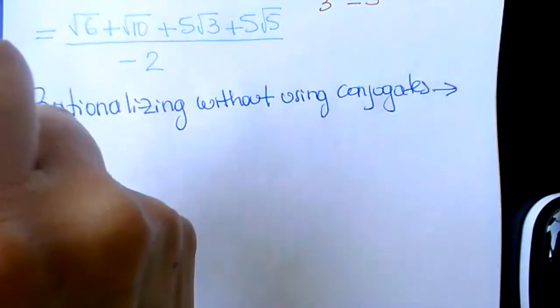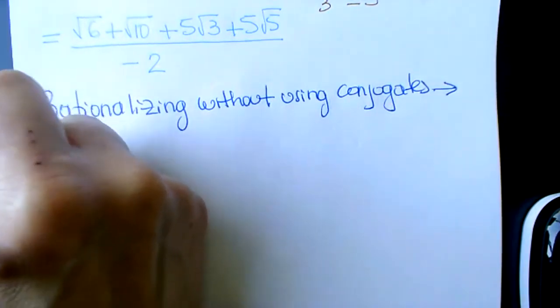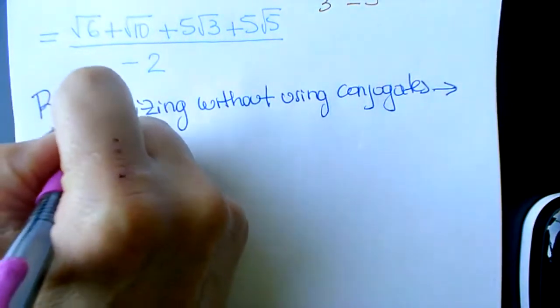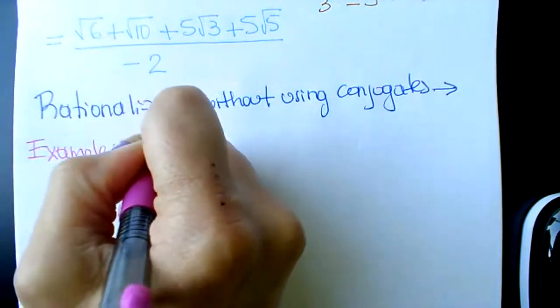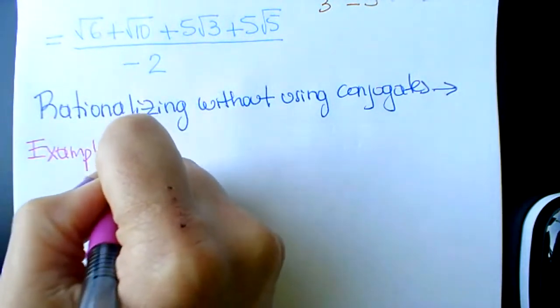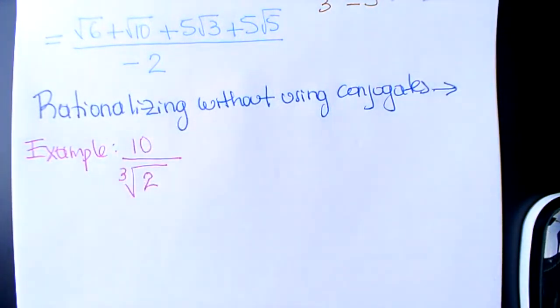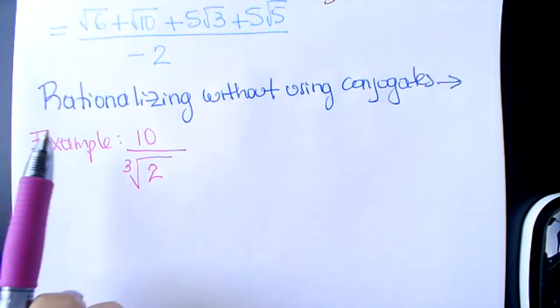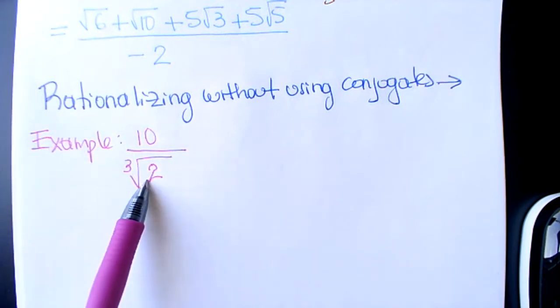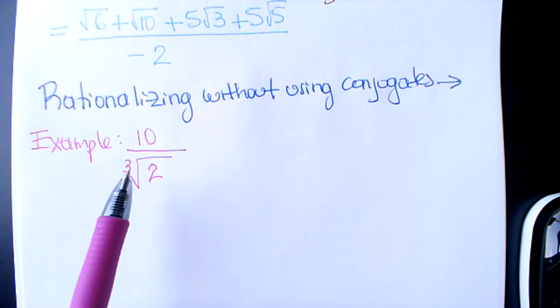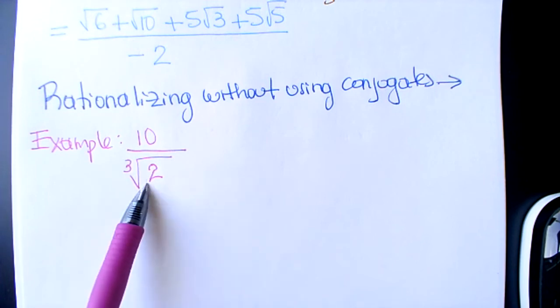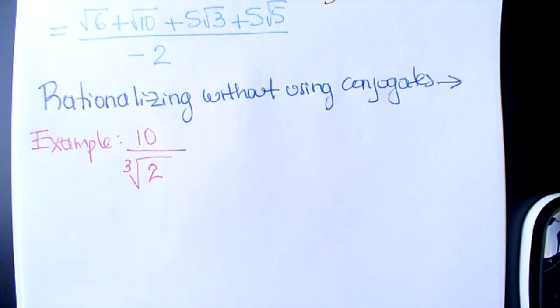If I have 10 divided by a cubic root, the denominator only has one term, so it's a monomial. So the denominator is not going to be rationalized by the conjugate. Why? Because a conjugate requires a binomial.